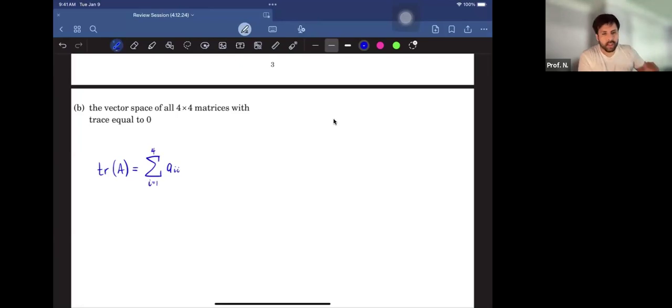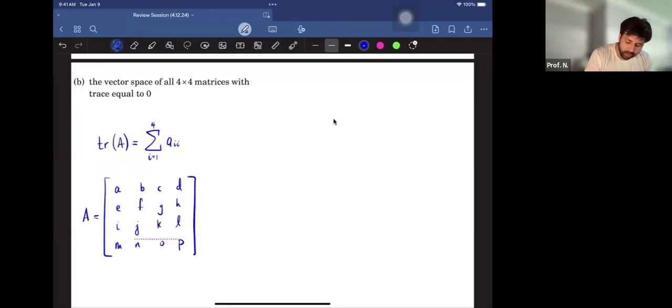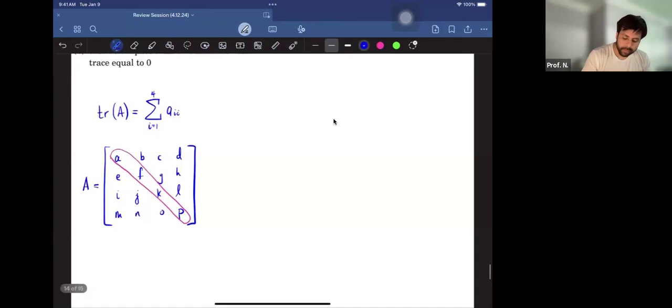The trace is, so we have some kind of matrix, let's say A, B, C, D, E, F, G, H, I, J, K, L, M, N, O, P. We get the trace by looking at the diagonal and adding them up. So the trace of this matrix A would be A plus F plus K plus P, correct? Mm-hmm.